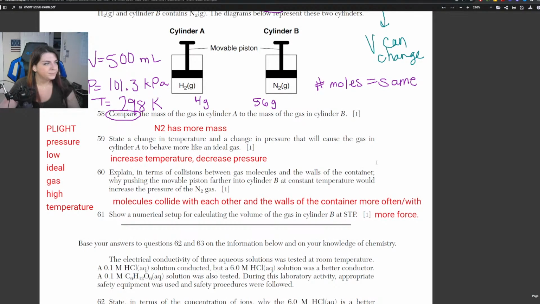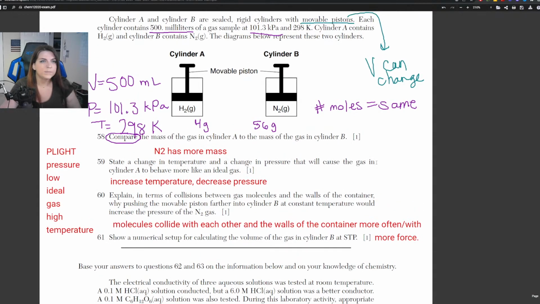Question 61. Show a numerical setup for calculating the volume of the gas in cylinder B at STP. Oh, okay. We're not at STP. We're at 298 Kelvin, which is a little bit warmer than STP.